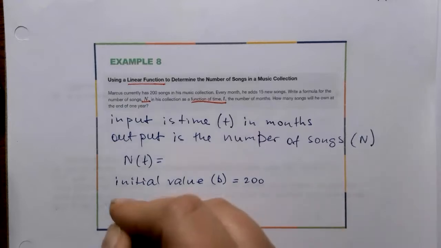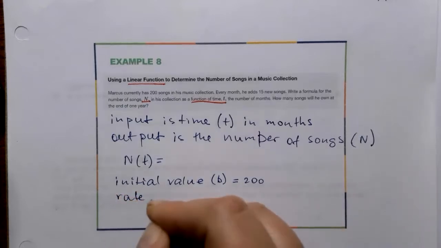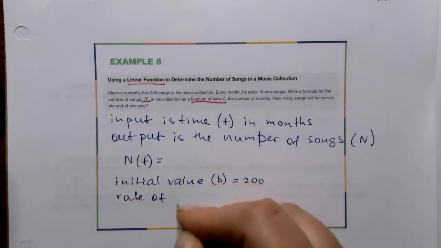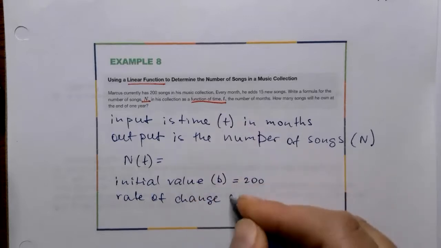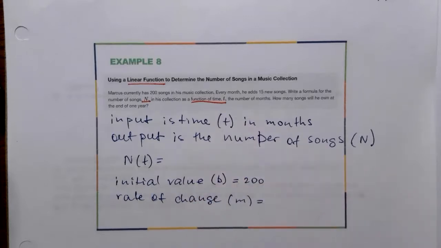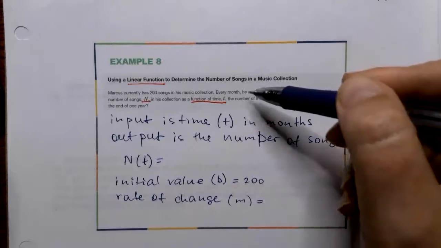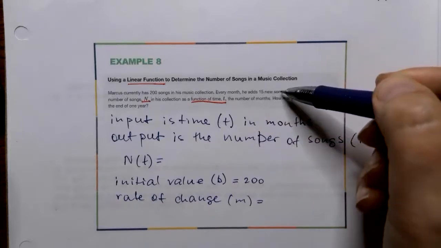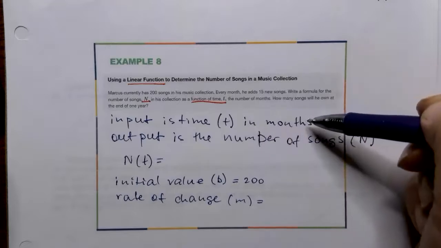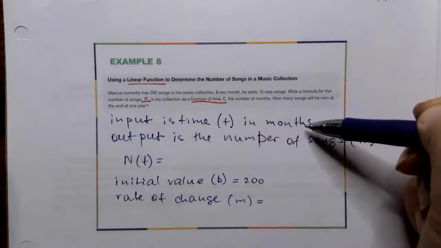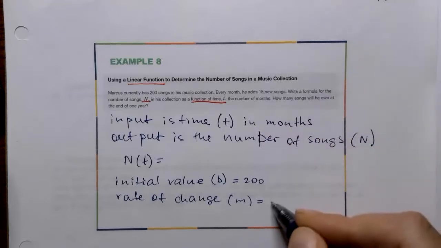And then what's the rate of change? How does his collection change? That's m. Well, they said that every month he adds 15 songs, and our increment of time is in months. So 15 songs per month, that's the rate of change.